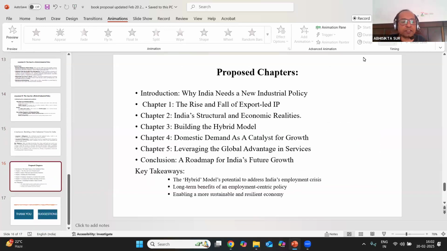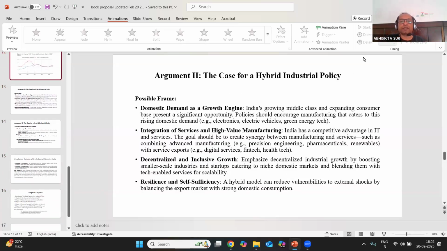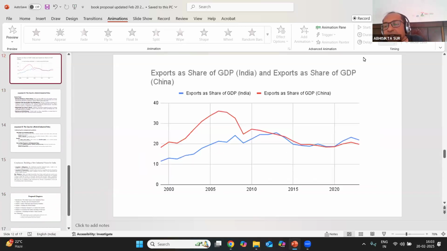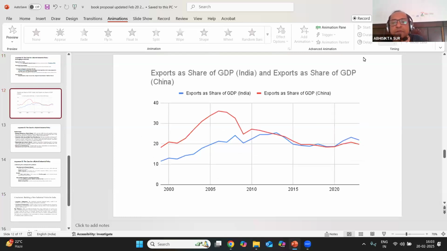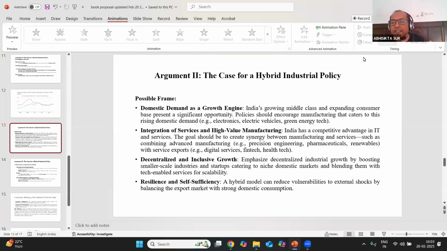If you look at Chinese services exports and Indian services exports, this data is not shown here, but in fact Indian exports in commercial services have outpaced Chinese services exports since the pre-COVID period. So possibly India has a better chance in services, and we should not neglect what we already have a comparative advantage in while we are trying to focus on manufacturing.